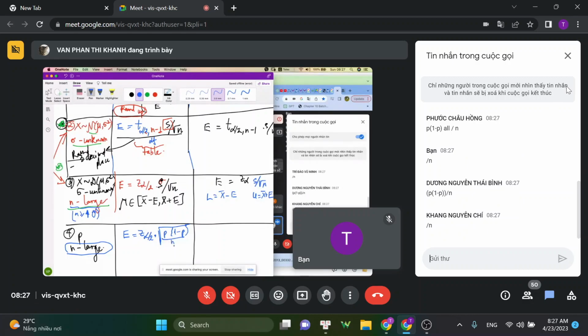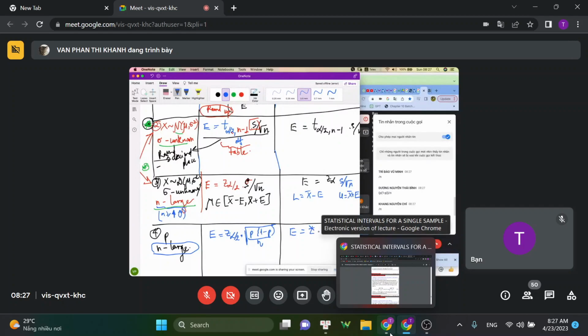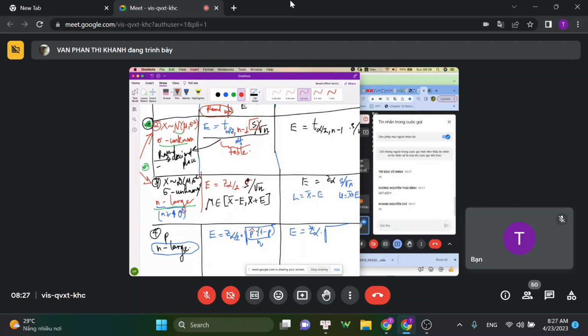Don't forget over n. And here E is Z alpha over 2 times the square root of p hat, right? Because we don't have p, we use p hat to estimate. So Z alpha over 2 times the square root of p hat times 1 minus p hat over n.